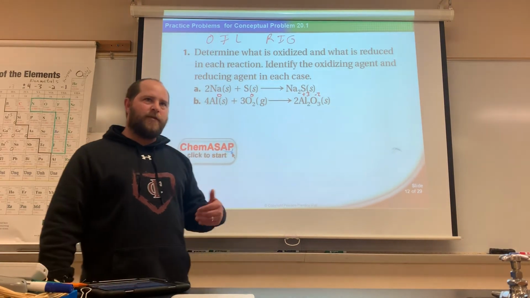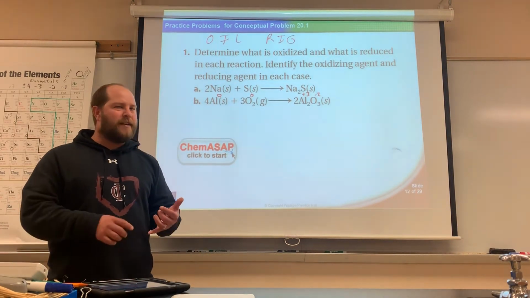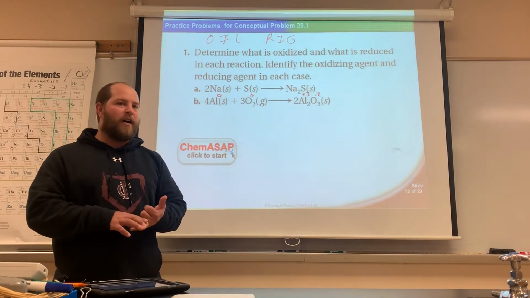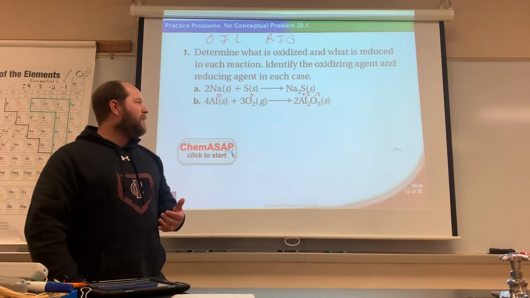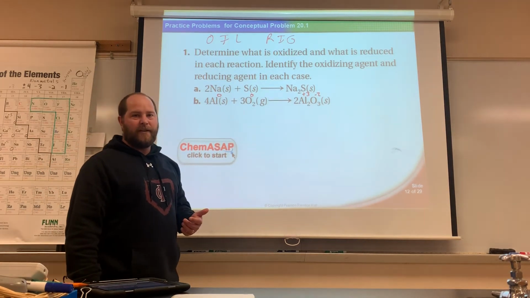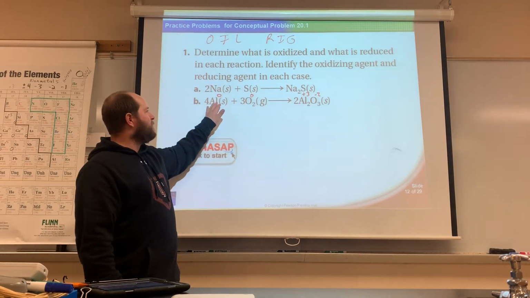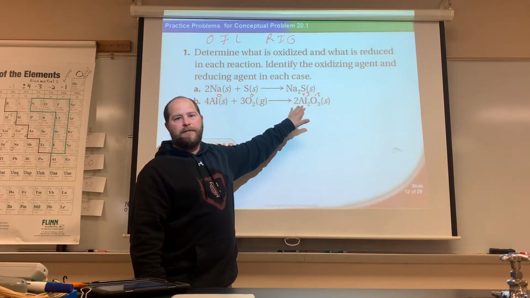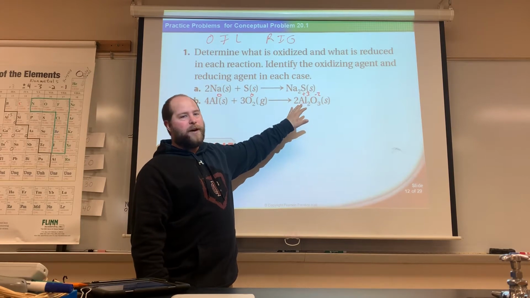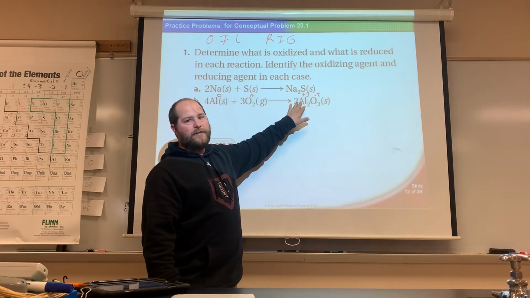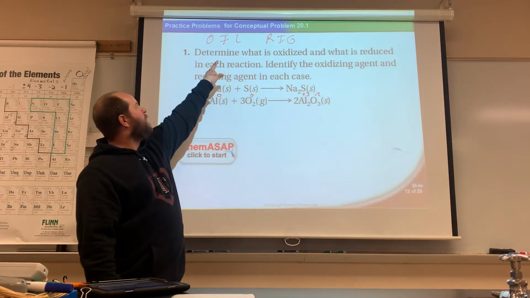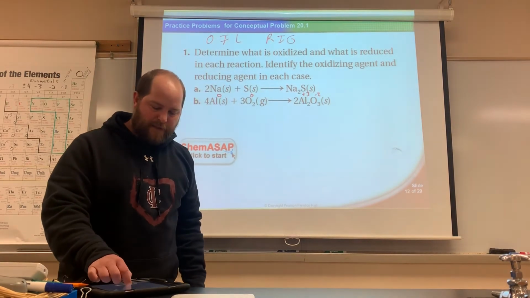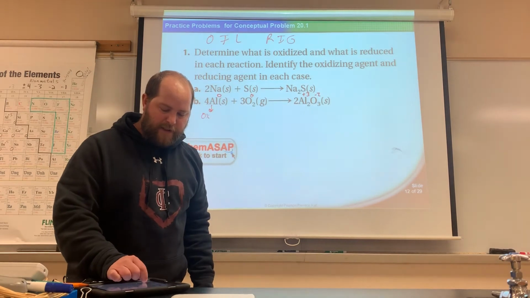If it's going from a 0 to a +3, does that mean that it gained electrons, gained negatives, or does that mean it lost electrons? Hopefully you guys are thinking about this at home and going, oh yeah, it's going from a 0 to a 3, it's becoming more positive, that means it lost its negatives. So you would be correct if you thought it lost electrons. If it lost electrons, that means this thing's being oxidized. So this guy is being oxidized.